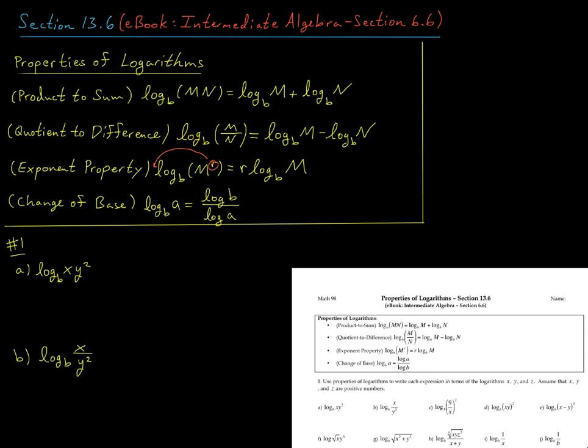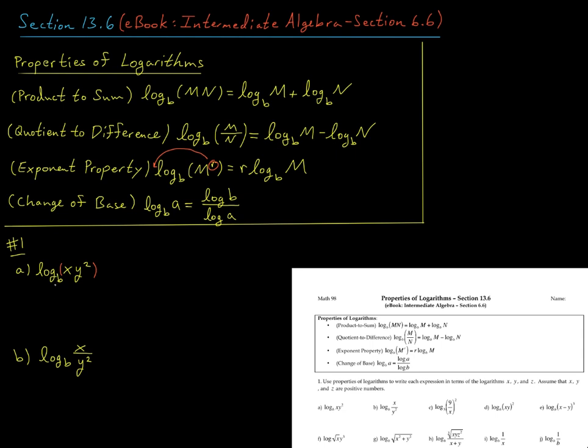This says, use properties of logarithms to write each expression in terms of the logarithms of x, y, and z. So for part A, we have log base b of x times y squared. And just for emphasis here, this entire expression x, y squared is in the log.